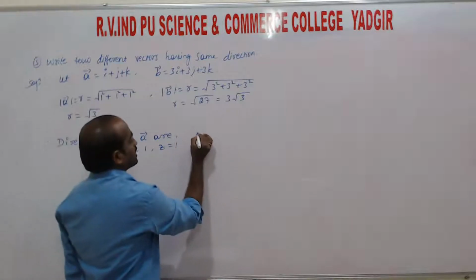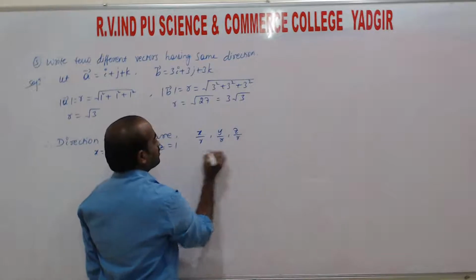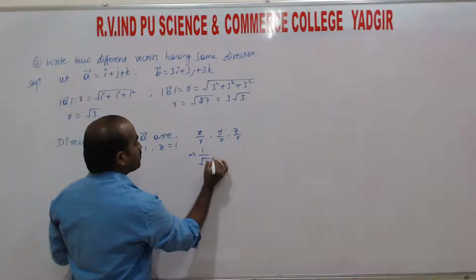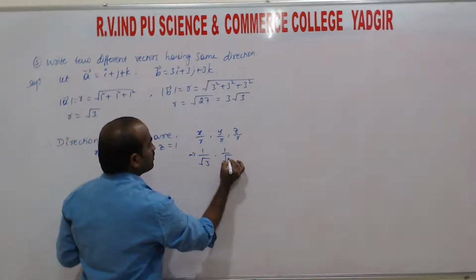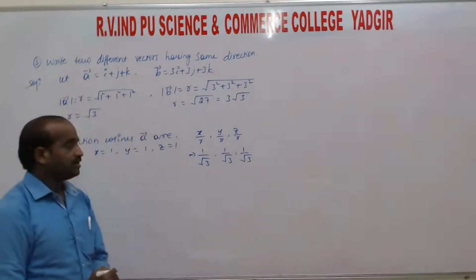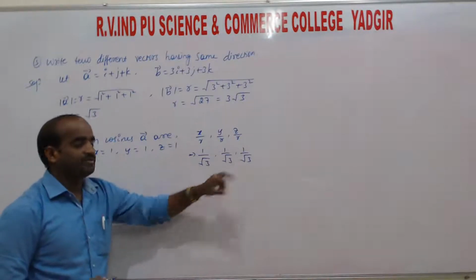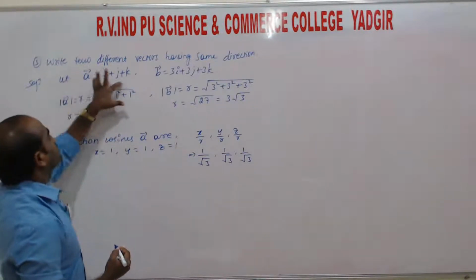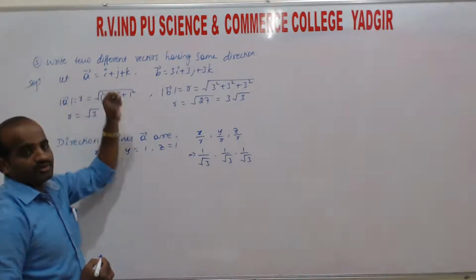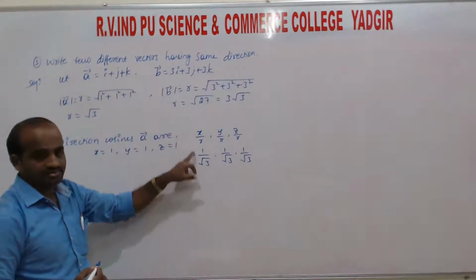This means x by r, y by r, z by r, where r means root 3. Direction cosines of a vector are 1 by root 3, 1 by root 3, 1 by root 3. If any vector is given, then find the direction cosines. For example, this one, in 1 mark: find the direction cosines of i plus j plus k.